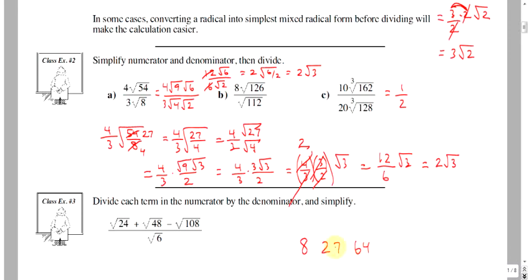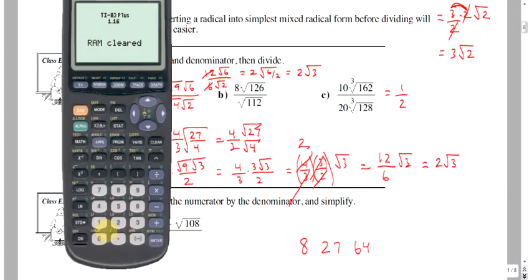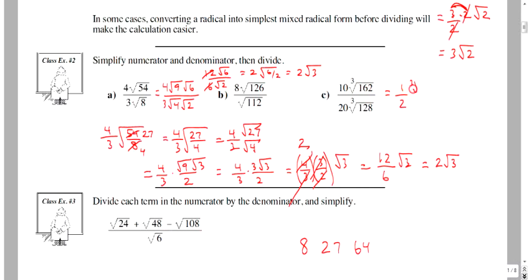Okay, there's perfect cubes. Which one of those goes in 162? Ah, that one does. Okay. So I want to split up 162 into root 27 times the cubed root of 6.